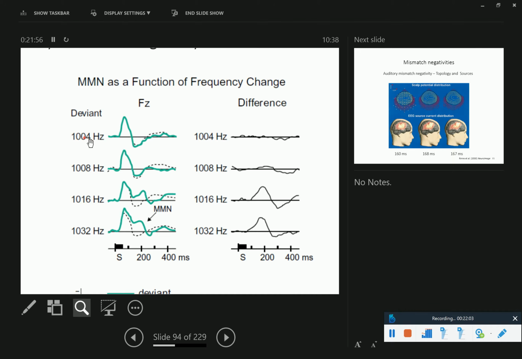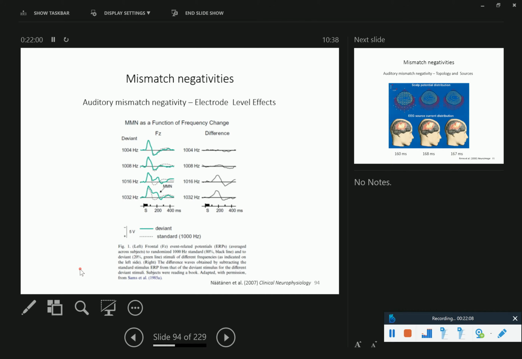Of course, this has been done, but it is not necessarily done all the time in the work being done now. So if one wants to talk about mismatch negativity, one should take care of these things, which might result in your mismatch negativities not looking as large as here.